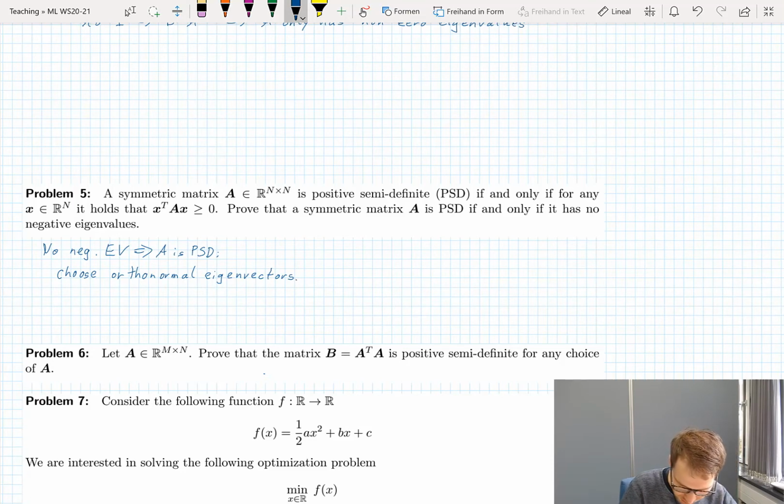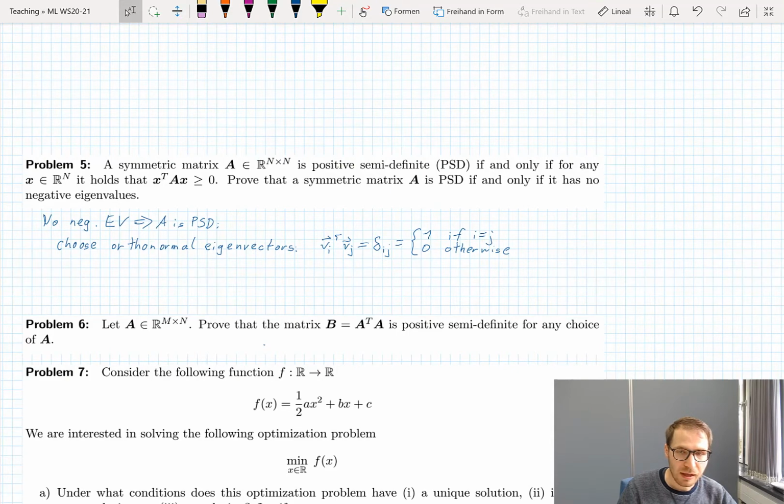Orthonormal means that the inner product of vi and vj equals delta ij. This is a Kronecker symbol, and that means 1 if i equals j and 0 otherwise. So they're normalized, that's why there's a 1, and they're orthogonal, that's why there's a 0 here.